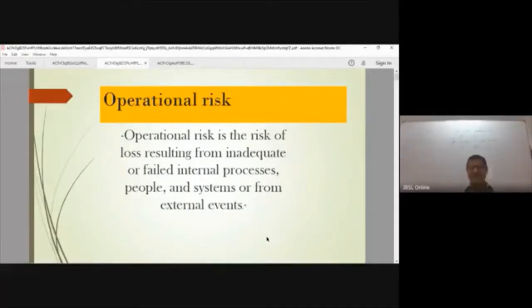Saturday, Sunday banks are closed. Opening timings are from 9 to 1:30. So operational risk lies only during the time when the bank is open for operations, between 9 and 1:30 in the afternoon. And if we can safeguard various aspects in the bank during that time, we say operational risk is minimum.